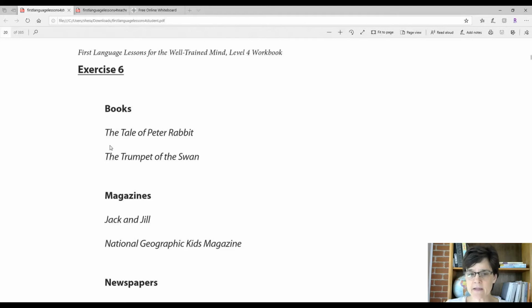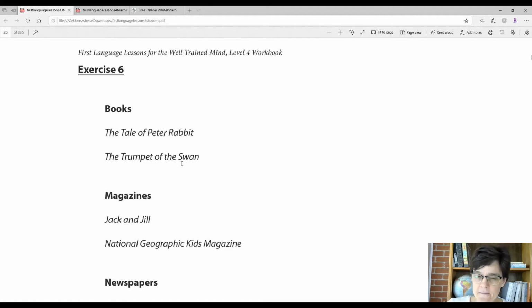Now here's some books. The Tale of Peter Rabbit and The Trumpet of the Swan. Notice the first and the last word, no matter what they are, are always capitalized. The only words in between that are capitalized are the ones that are important. And you might say, well, how do you know if they're important? Well, of, the, not important. Trumpet, important.